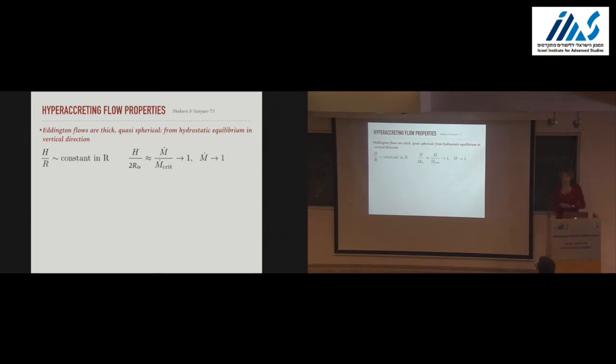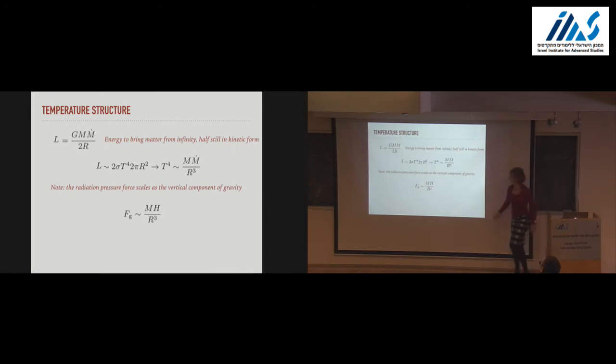So the first property of flows that accrete close to the critical value is that h over r is roughly constant. And this is because what I just showed you is that, okay, I need to tell you the second property, that they are radiation dominated. So in the vertical direction, if you equate the two, you find that h is constant.